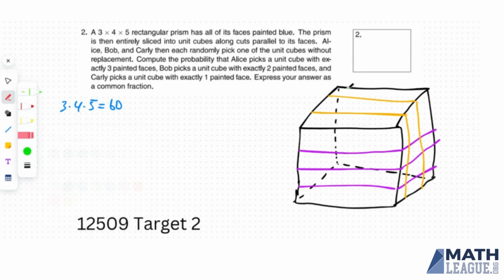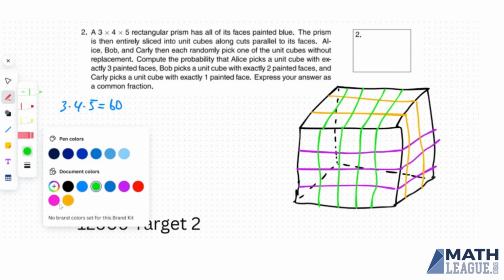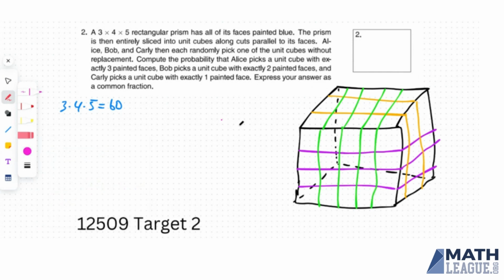And basically, we just have a lot of blocks. That's essentially what we created here. The entire outside of this original prism has been painted blue. Now we need to figure out the number of cubes with each number of painted faces.